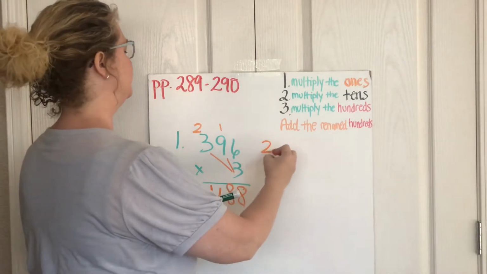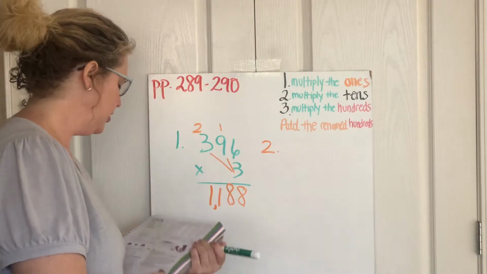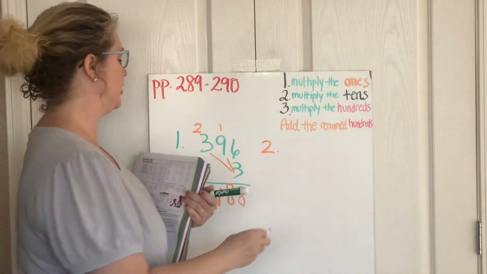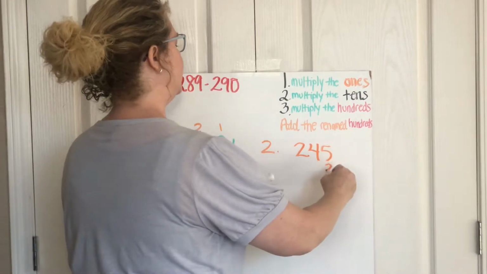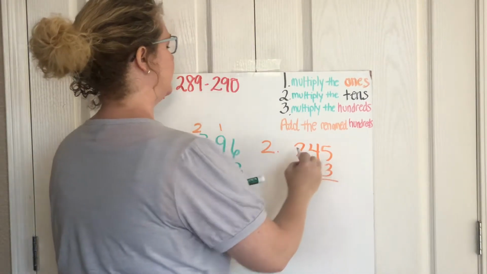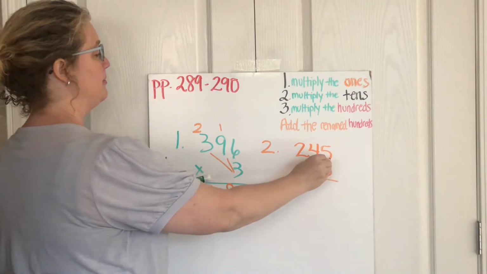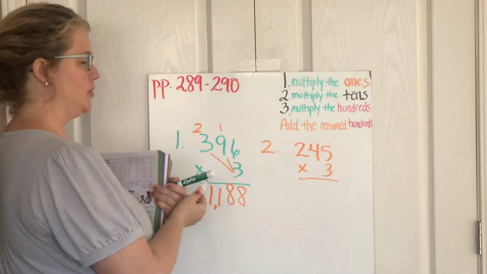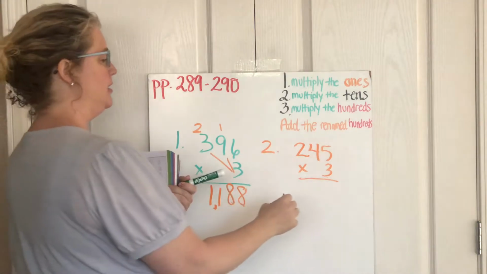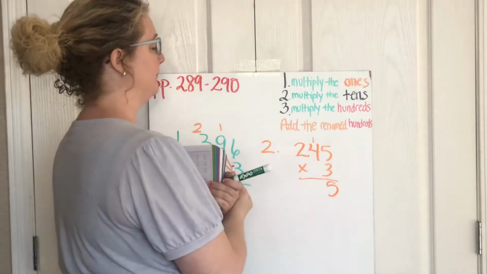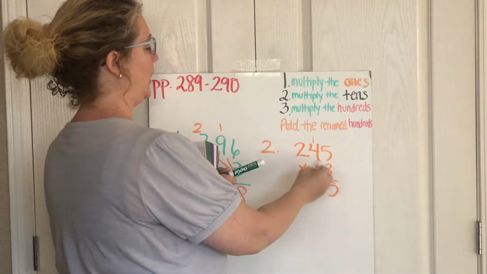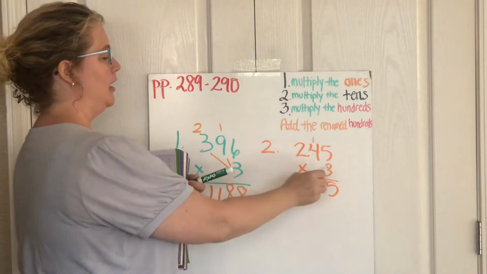Number 2, we're multiplying 245 times 3. First step, multiply the ones, rename if needed. 3 times 5, that's right, in my head, I'm counting. 3 times 5 is 15. Rename with the 1.